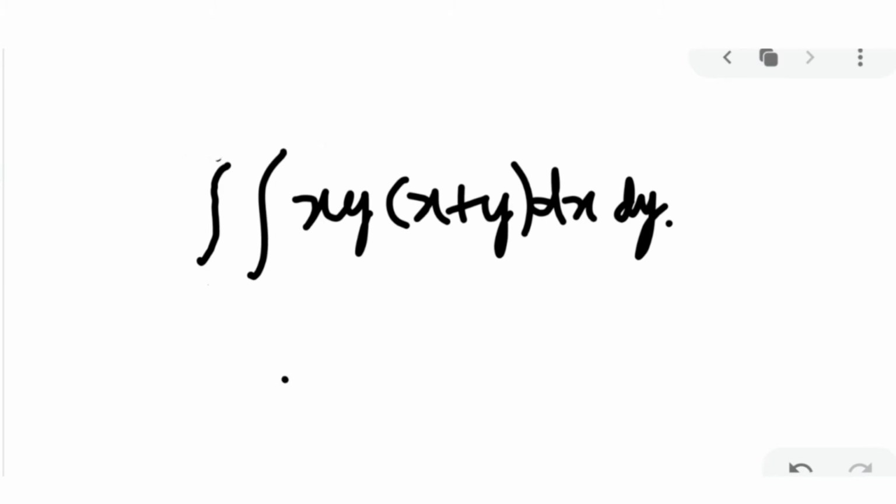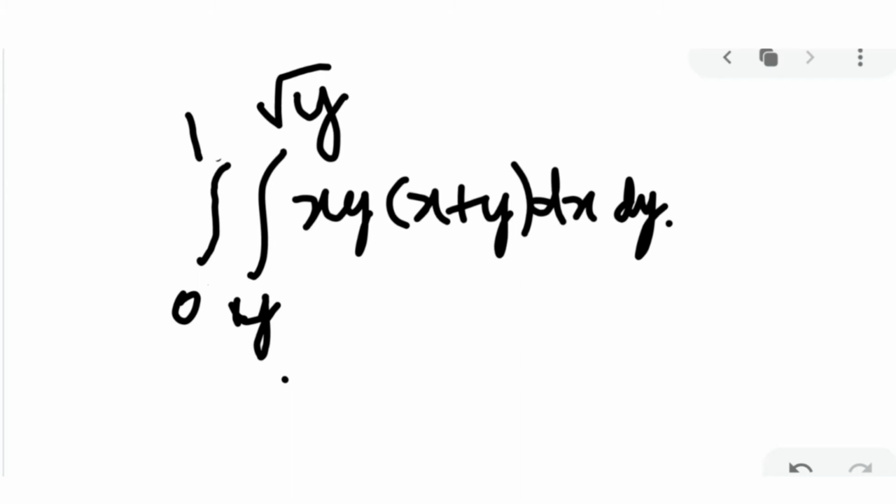Since we are taking the horizontal strip, we will be writing the limits of x as y, the lower limit, to root y, the upper limit. And the limits of y will be 0 to 1. From the graph we can observe, we have calculated it. Now we have to just simply integrate this, then we will get the answer.